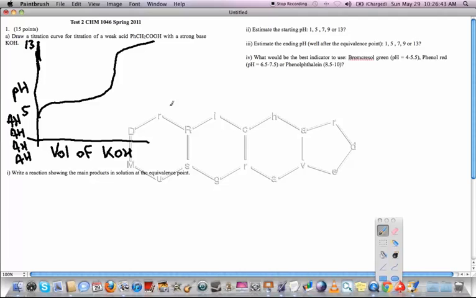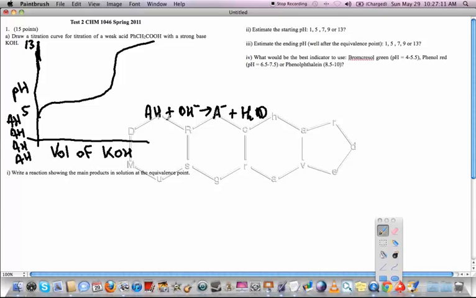Now what's going to happen is, just as a general reaction, the AH will react with the OH minus, and what we will have is A minus plus H2O. Alright, so the AH is going to be this weak acid, the OH minus is going to be the strong base.